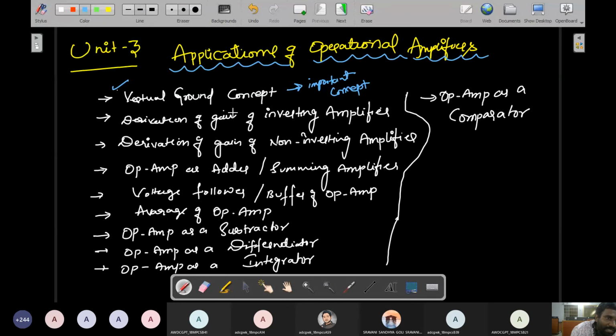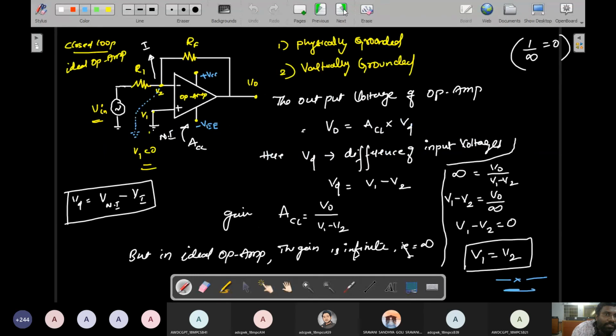So I want to derive that gain formula in the next concept, inverting operational amplifiers. See, it is very important for essay questions from this unit. So now we'll discuss the derivation of gain.